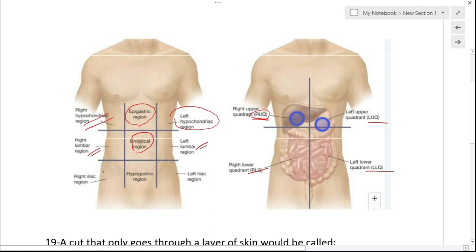Next is the right iliac region and the left iliac region, and the middle portion is called the hypogastric region. So we studied the right and left hypochondriac, right and left lumbar, right and left iliac regions, and the epigastric, umbilical and hypogastric regions.